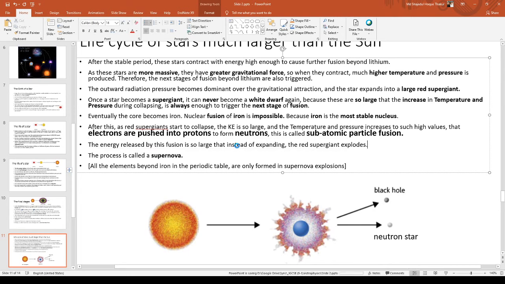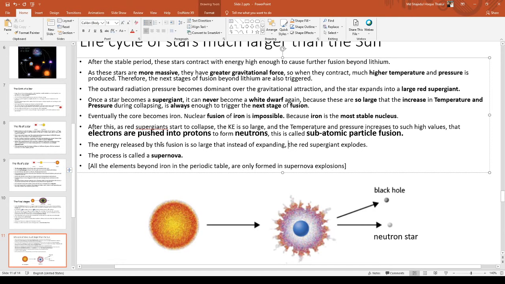So as subatomic particle fusion occurs, the energy released by this fusion is so large, we cannot even imagine. Well, you can kind of imagine. Just think about it like this. The nuclear bomb, Hiroshima, Nagasaki, huge energy, right?